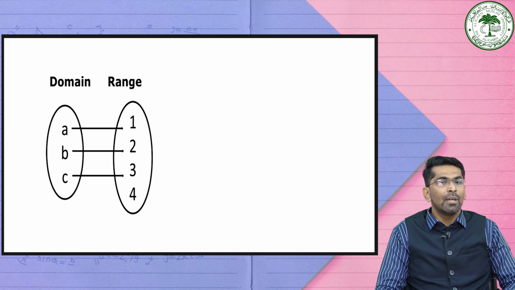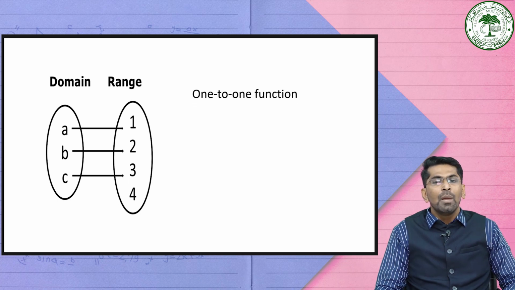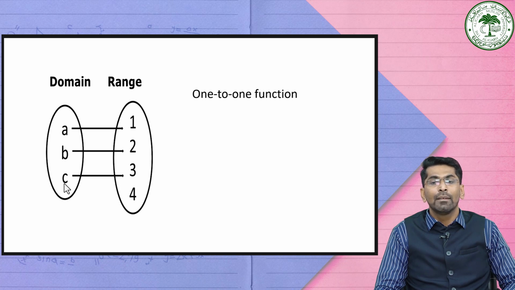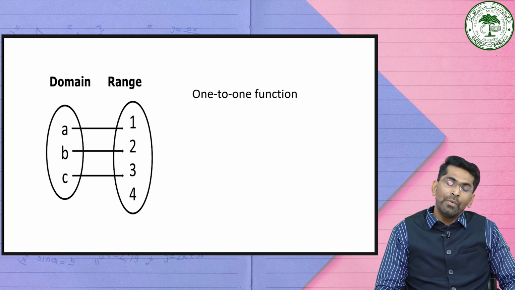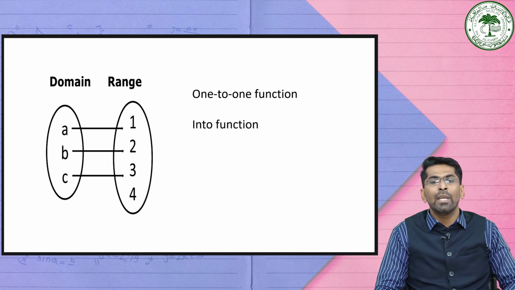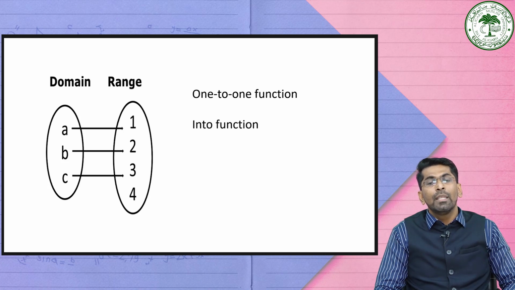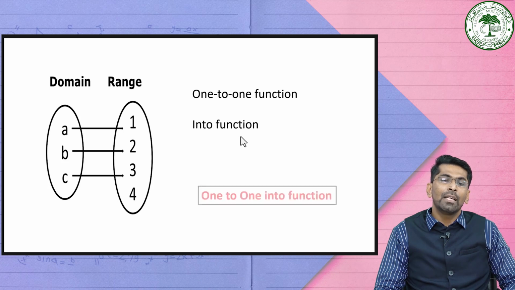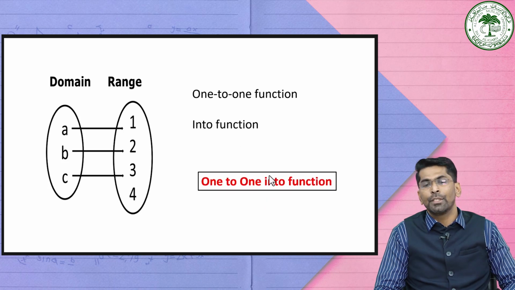But at the same time, one of the elements in the codomain, that is 4, is not an image of any element of the domain, which means that element 4 in the range is left unpaired. If so, which type of function is it? It can be an into function. So here both the properties, that of a one-to-one function and that of an into function, exist. This function is generally known as a one-to-one into function.